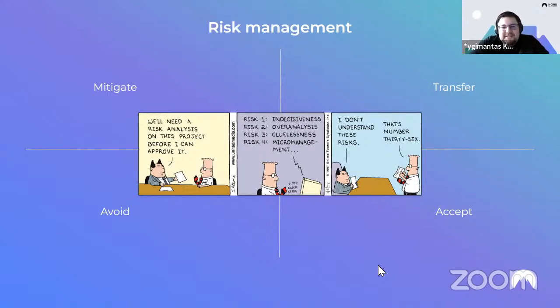There are many strategies for dealing with risks, but I would mention just a few of the most common ones. The first one is mitigation. You could mitigate a risk by improving the defense, maybe adding some extra layer, extra check, extra firewall, something extra.